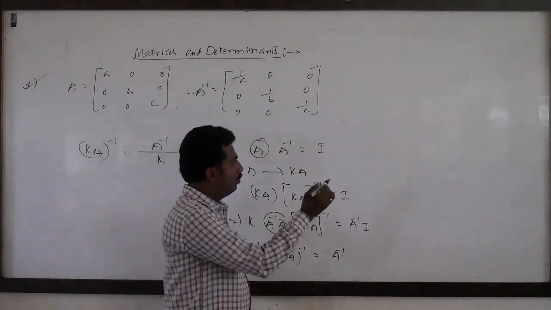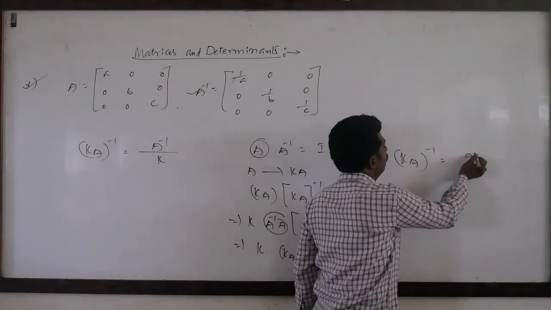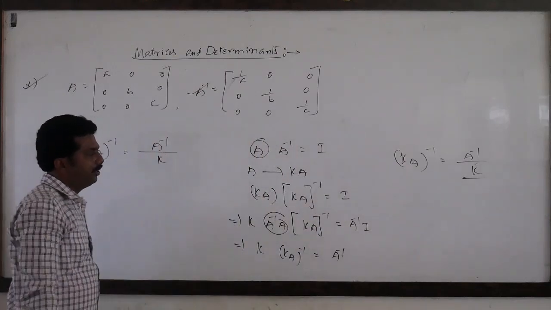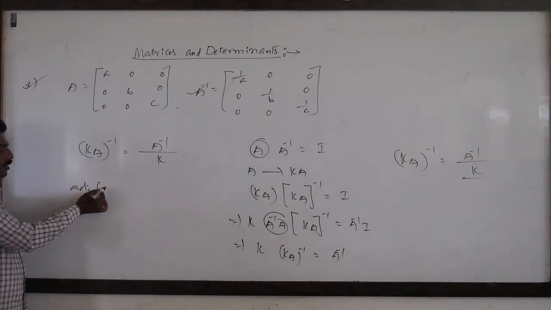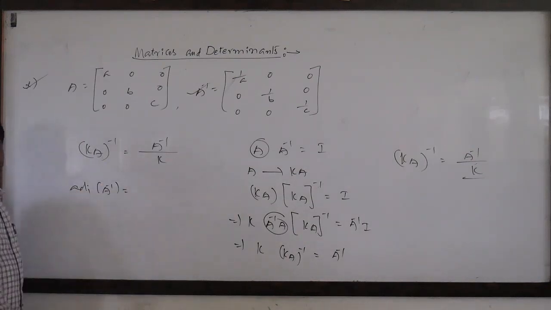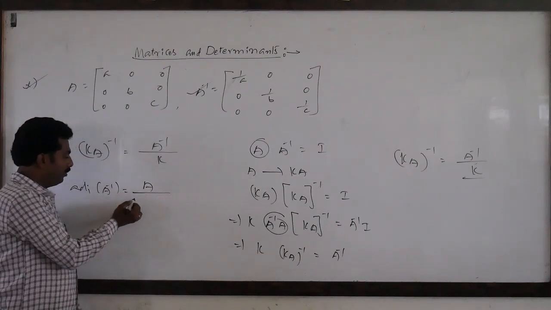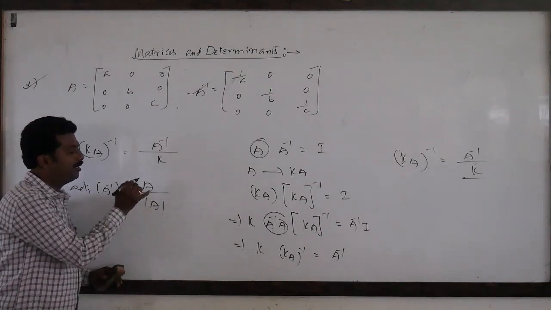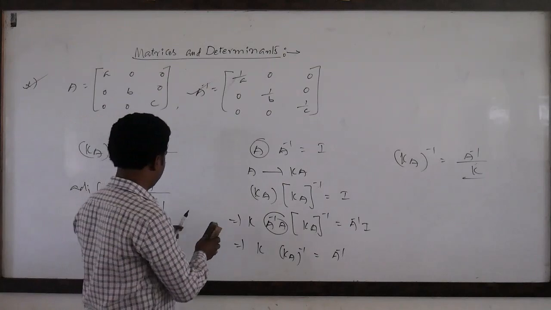What we need is only kA whole inverse, nothing but A inverse divided by k. So that is the point you have to remember. Next, one more: adjoint of A inverse is nothing but A divided by determinant of A. So this point also you have to remember.